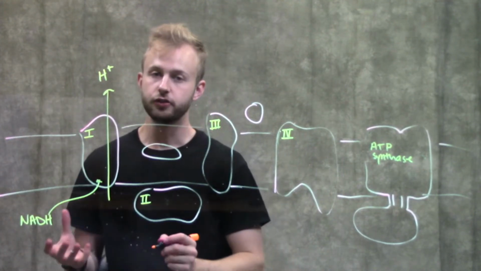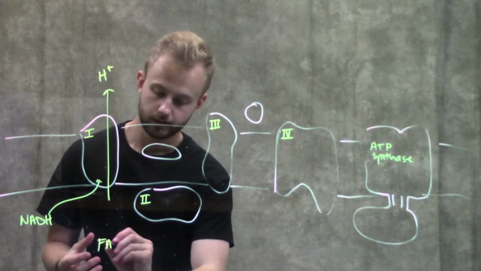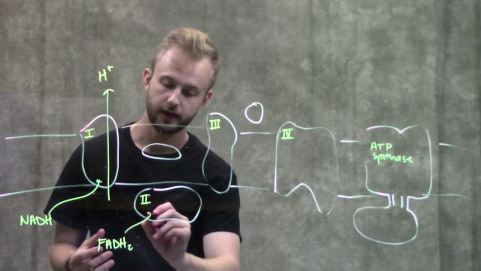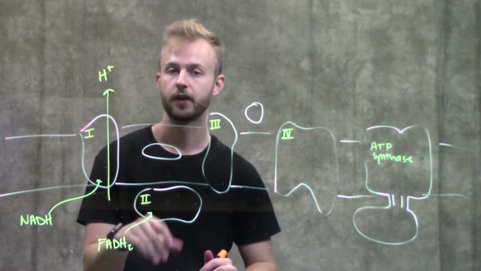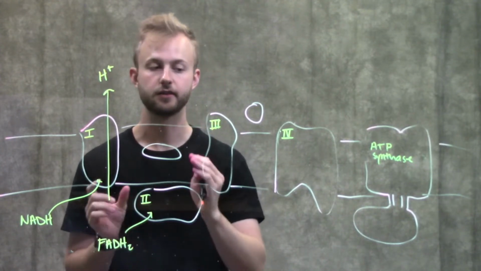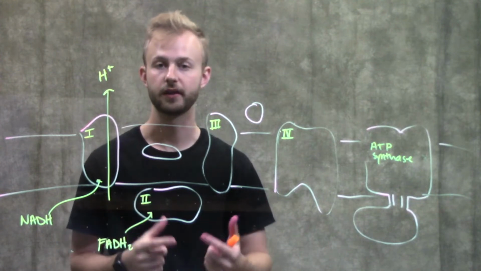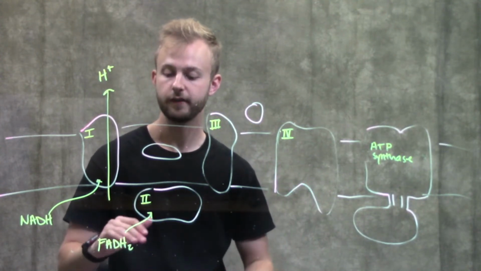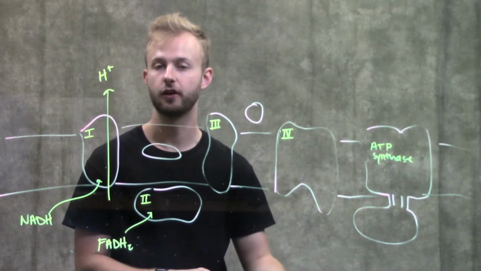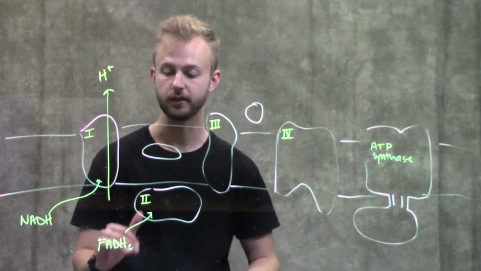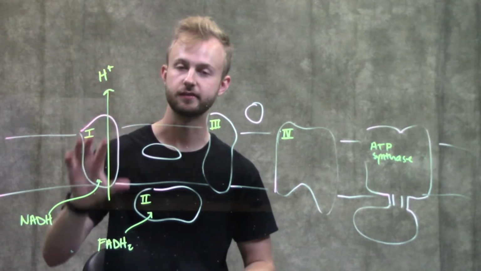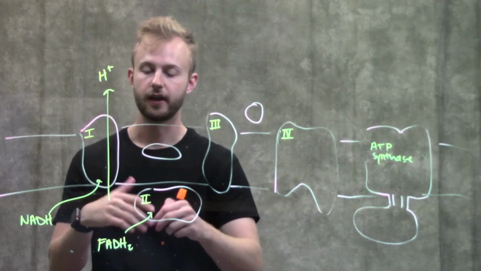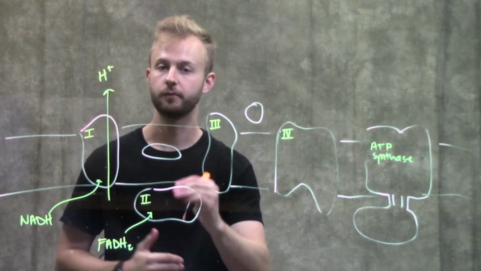FADH2, on the other hand, is going to drop its electrons off at complex 2. Complex 2 is unique in that it's the only complex that doesn't pump any protons, which we're going to come back and see later: FADH2 contributes less to the overall ATP formation because it misses this first proton pump.